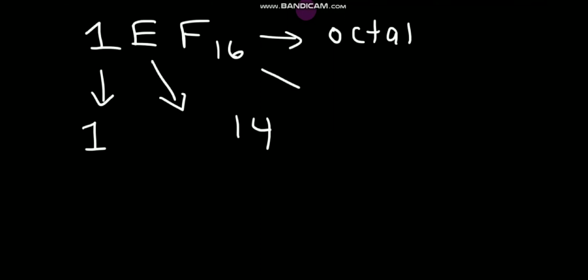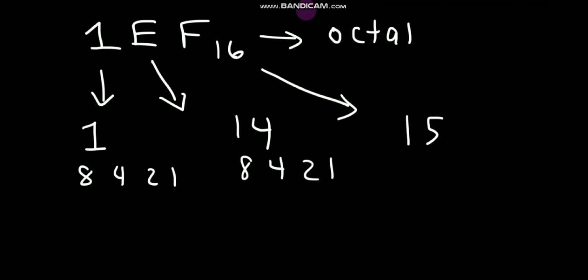So 1, E means 14 and F means 15. So how will we get 1? So we will represent it in 4-bit representation, 8421, 8421, 8421.